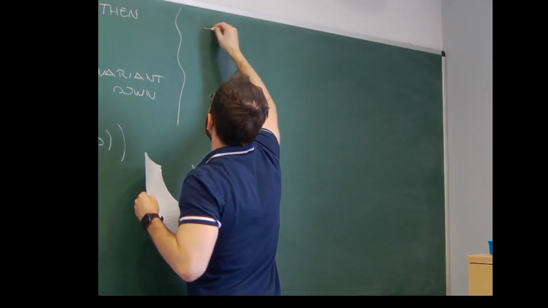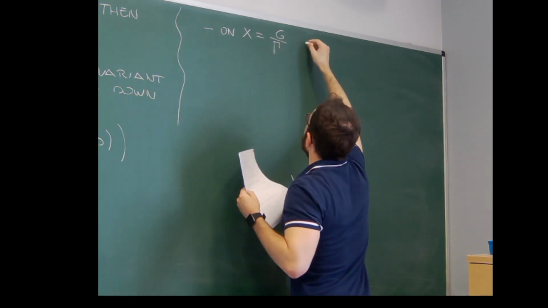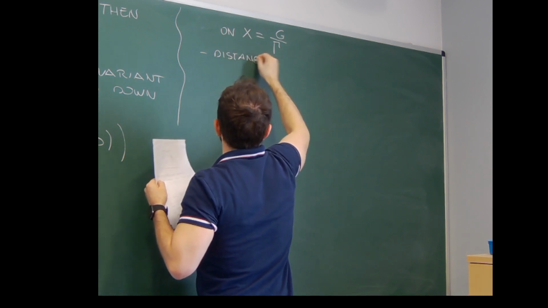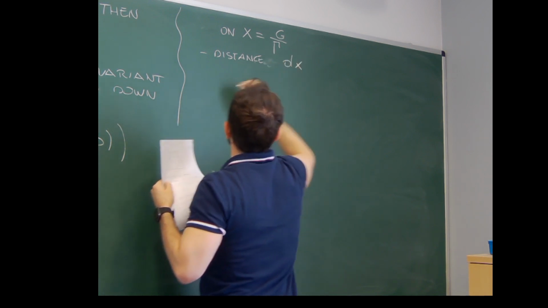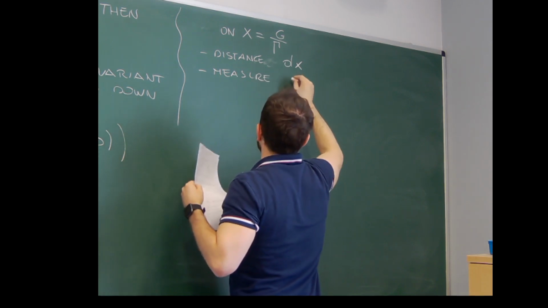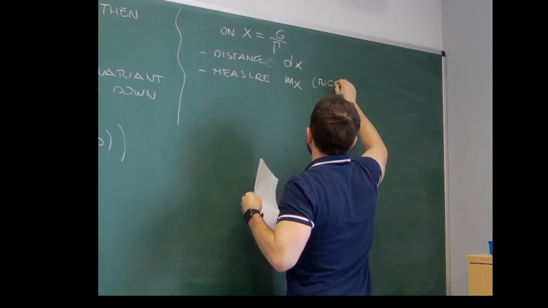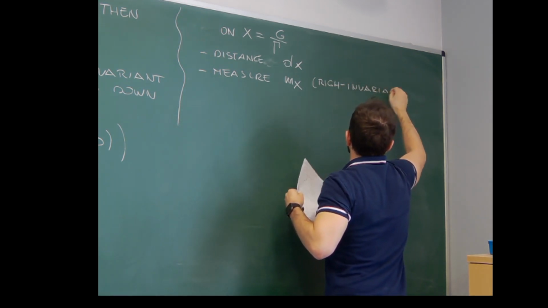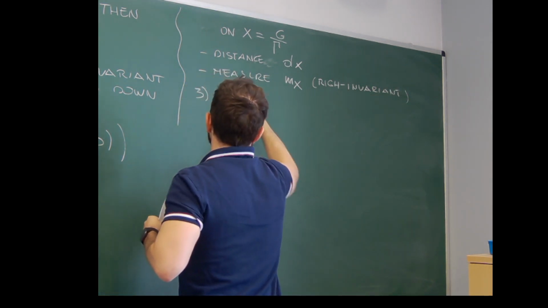So now on X equals G mod gamma, we have a distance d_X. We have a measure m_X, which is right invariant, so invariant under right multiplication. And what we're left with is a flow.